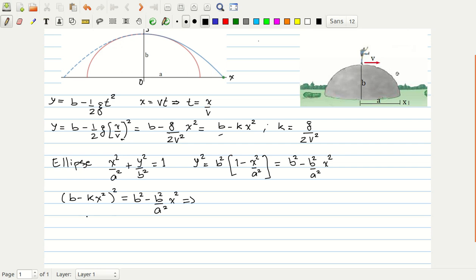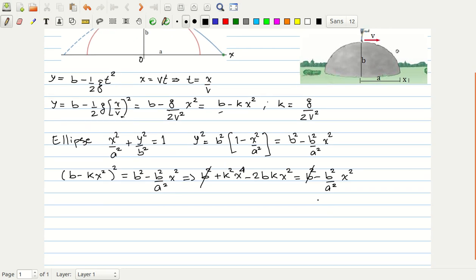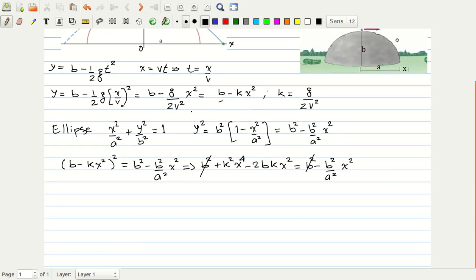If we expand the parabola expression, you get b square plus k square x to the power 4 minus 2bk x square. This should be equal to b square minus b square by a square x square, and we can see that this b square and this b square cancel out, and now we simply have to solve for x.